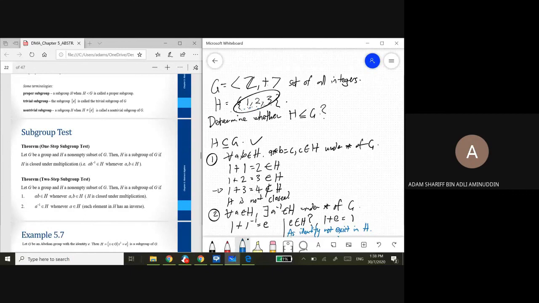I would like to change the question a little bit to multiplication. This time it is multiply. H is also 1, 2, 3. And let's see how changing the binary operation here will affect the solution below.